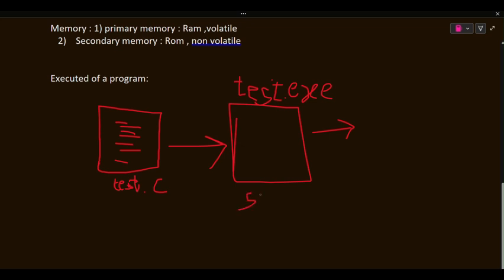Now, the program is stored in secondary memory.